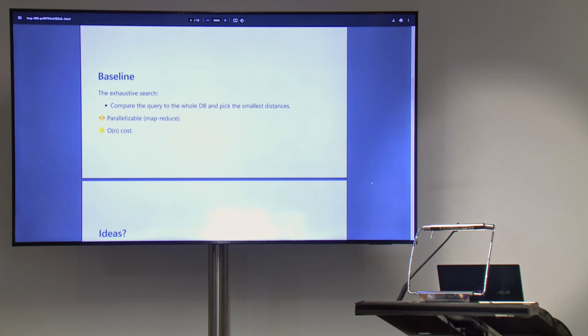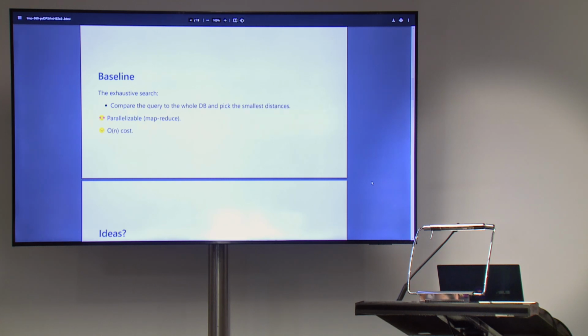So our baseline is the exhaustive search. You have a new query come in, scan the database, do all the comparisons between vectors, like calculate a distance, like a Euclidean distance, a Hamming distance, cosine similarity. Then you have all these distances, you compare them to find the minimum.